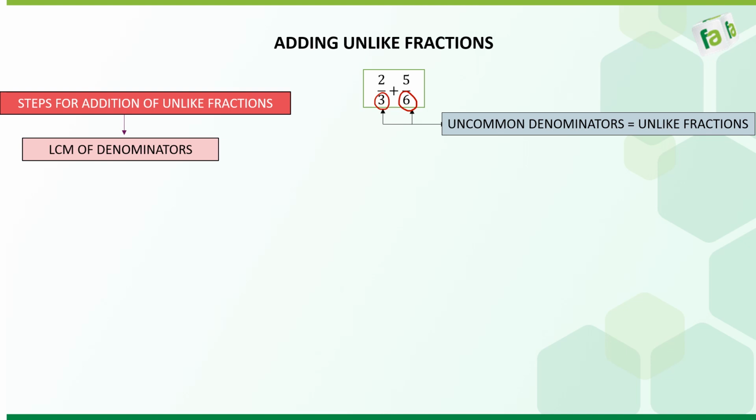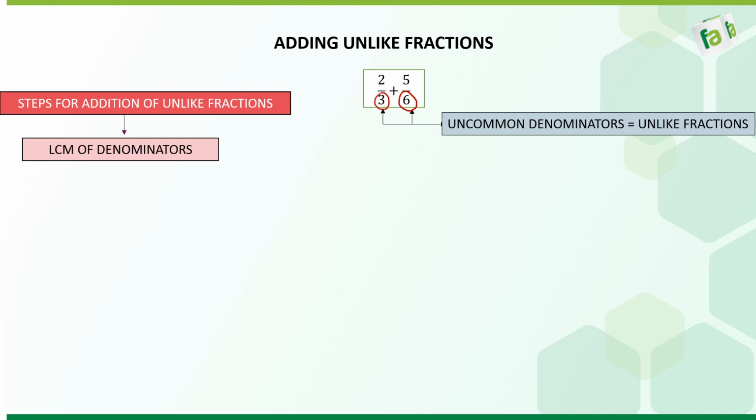Over here, we have 3 and 6 as the denominators. We already know how to take out the LCM of two or more numbers, so we will follow the same method.